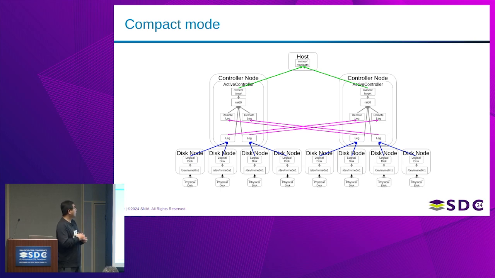For example, for the connection between the host and the controller node, we may use TCP NVMe-oF, so that the storage cluster and your computing cluster have less dependency on each other. But for the controller node and disk node internally, they may use RDMA. So that means inside your storage cluster, it can have better performance.